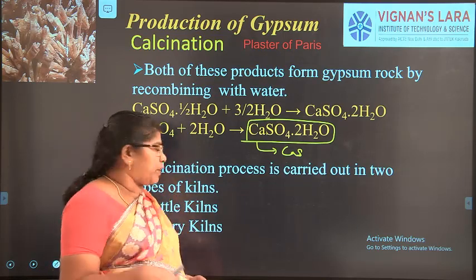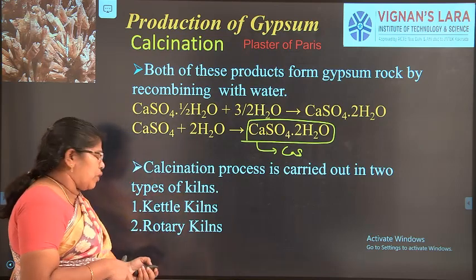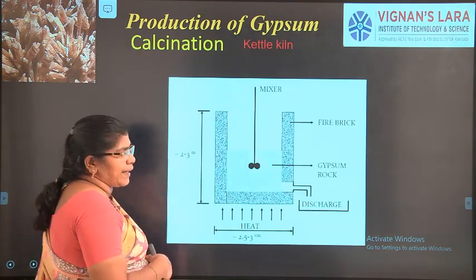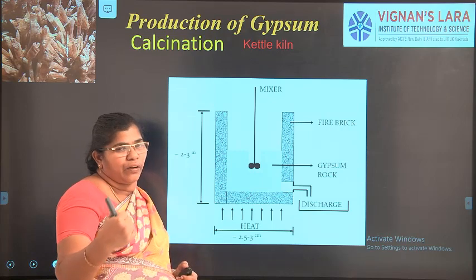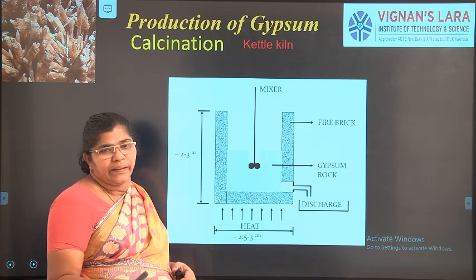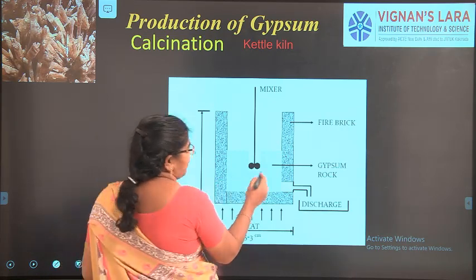It may be of two types: the kettle kiln and the rotary kiln. Kettle is like a tea kettle, a vertical vessel where the particles will be like this.